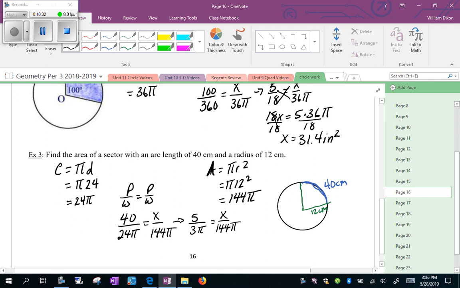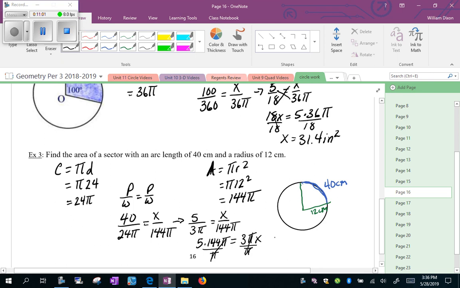So now when I cross multiply, I get 5 times 144 pi equals 3 pi x. I'm going to divide both sides by pi. That's going to cancel on both sides.